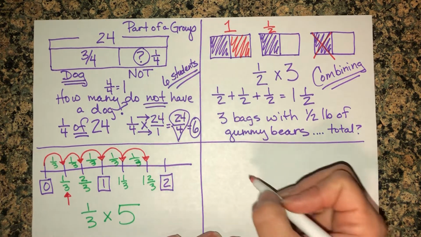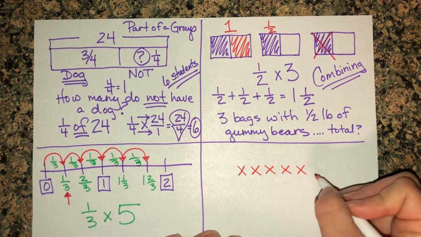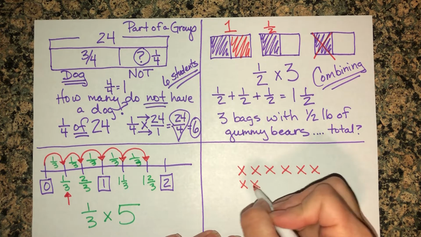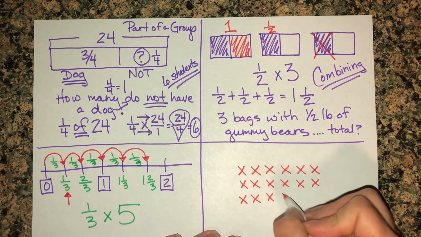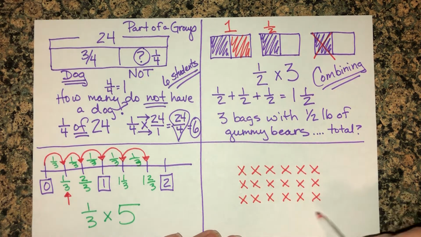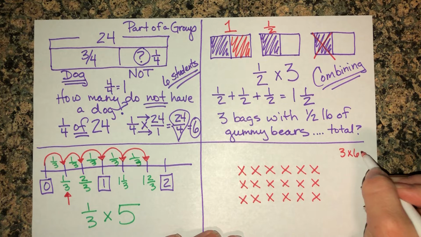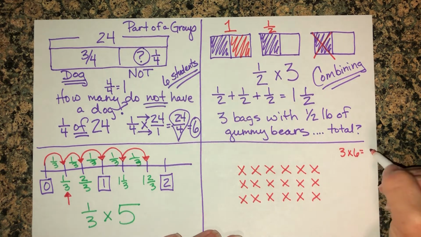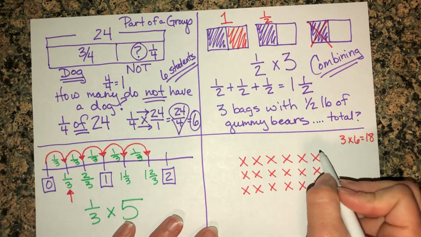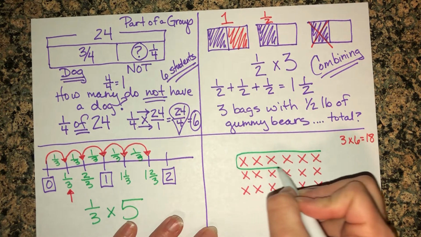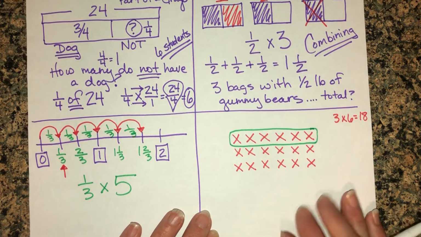The parts of a group one that looks like this, these are the trickier ones. Okay, so I just made a 3 by 6 array. Well, you guys know 3 times 6 is easy, right? So I've got 18 boxes here. But what these models are going to do is circle a section, and they're going to want you to represent what this part of the group is.